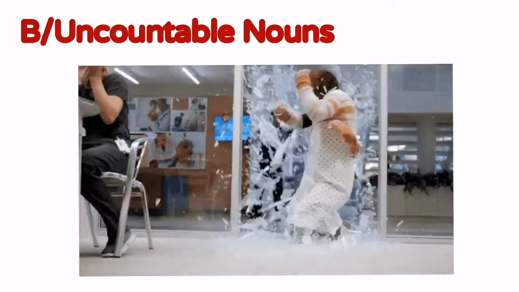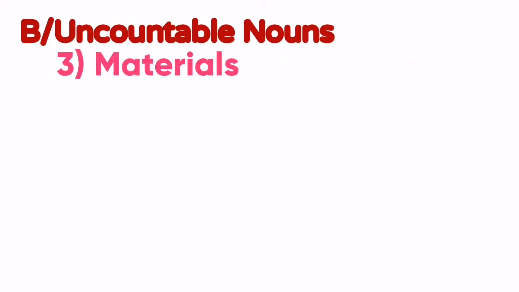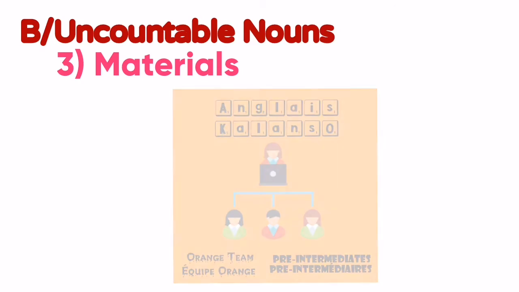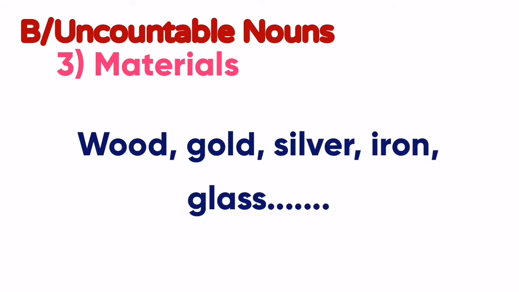So that being said, let's move to the next point of this lesson: materials. Materials such as wood, gold, silver, iron, glass, and more are uncountable nouns, so we can't use determiners with these nouns.